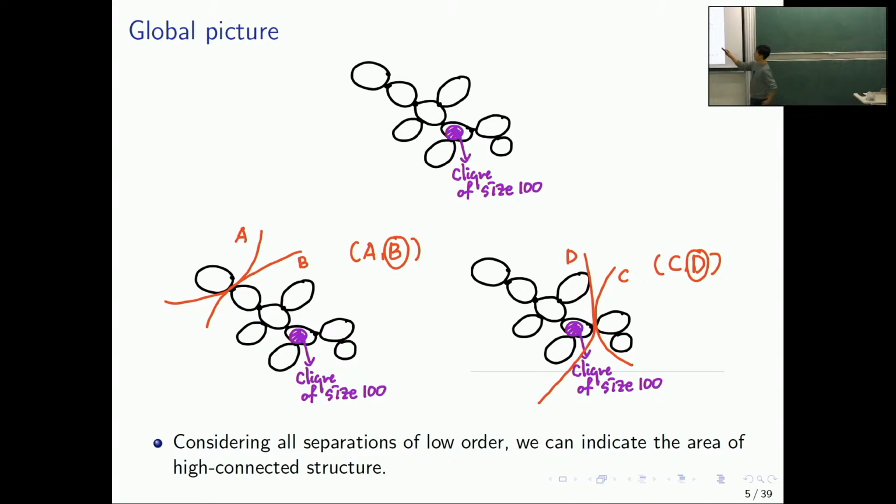Using all these separations, I want to include the separation C, D, not D, C, because the D part contains this clique. So by all the separations indicating this side, we can actually point towards this block, so you can indicate really this vertex set.